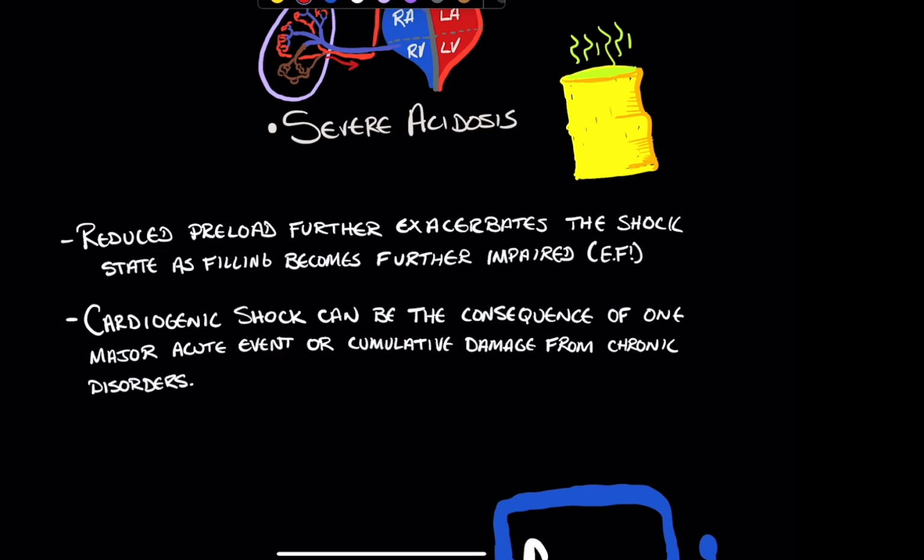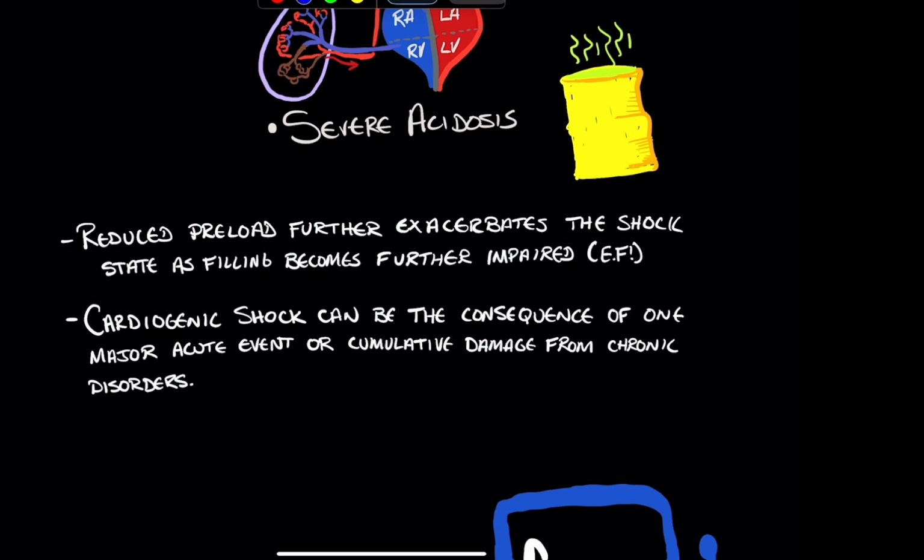Another important thing to think of is cardiogenic shock can be a result of a major acute event. So think of a large myocardial infarction. That's the big one I can think of, but it can be one big event.